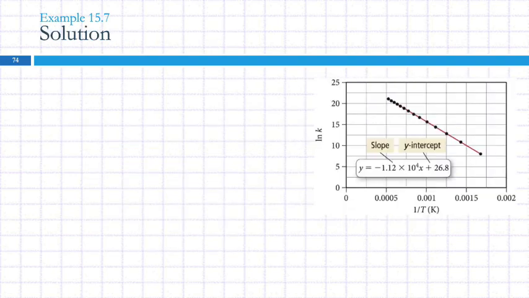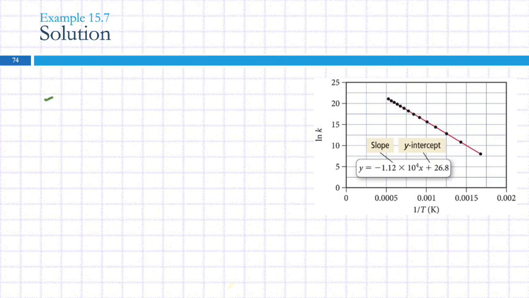So the hard work of graphing this has already been done. You take the natural log of all your rate constants. You convert your temperatures to Kelvin, and you go 1 over Kelvin. And you graph them, and you get this line. And here's the equation that Excel gives you.